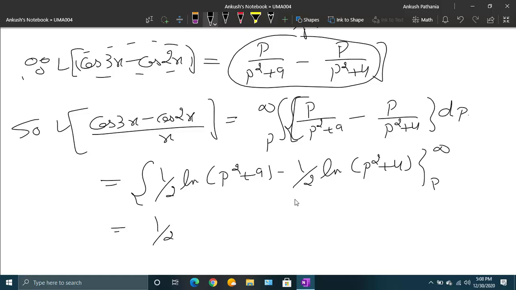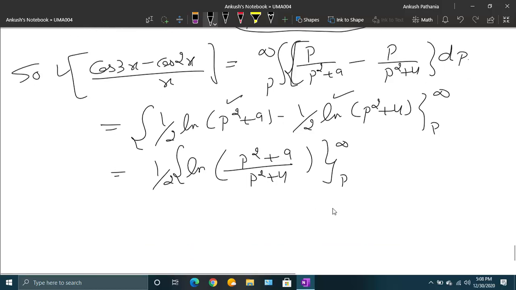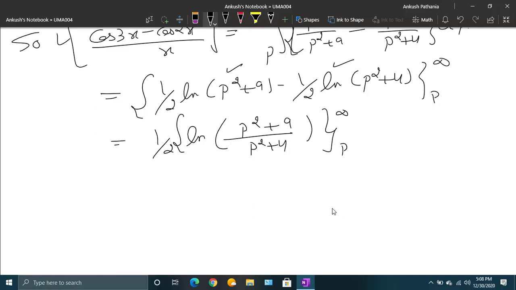Again writing it in the form (p square plus 9) upon (p square plus 4), so that I can avoid this infinity minus infinity form, the indeterminate form. So I am writing it in this form, and then I can solve this.